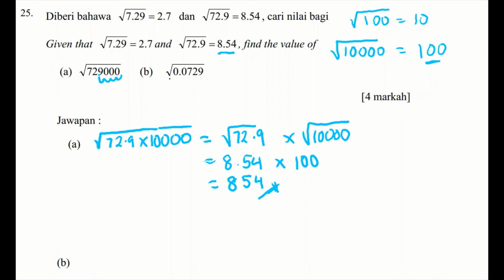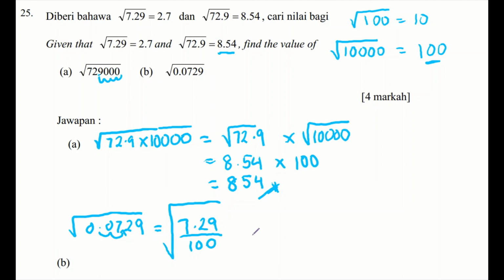Question B. You can also write the square root of 0.0729 as the square root of 7.29 divided by 100. We divide here because we move the decimal to the left side.